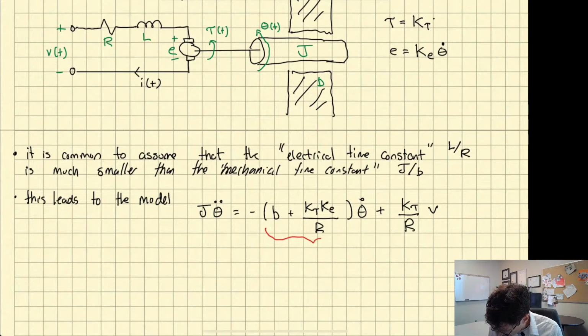Let's call this constant A1 times J. Call this constant B0 times J.